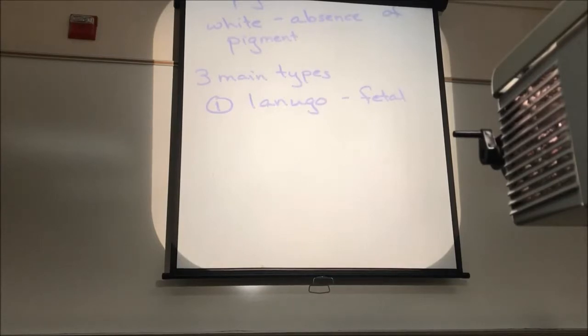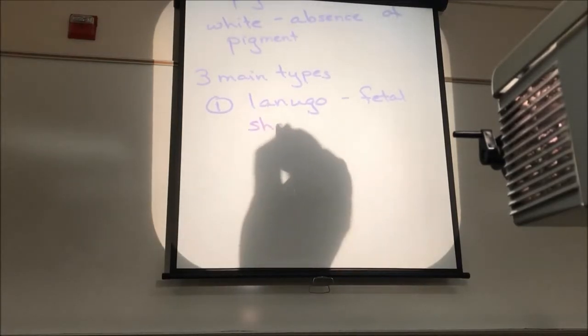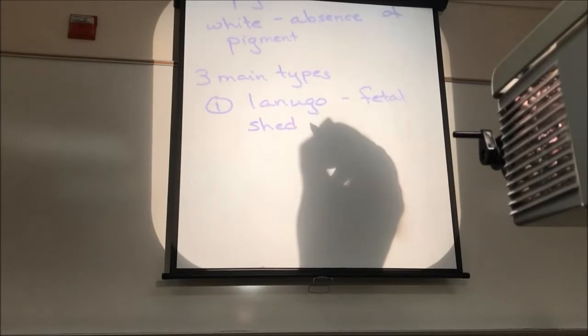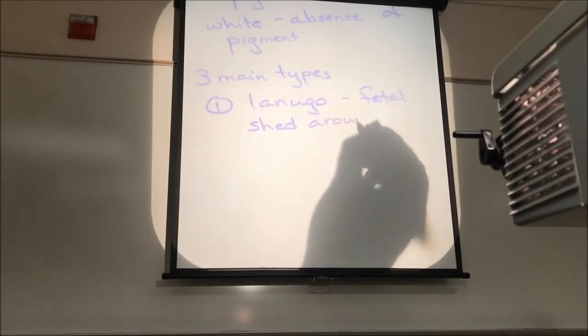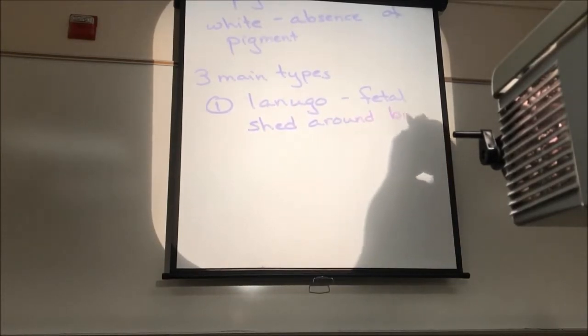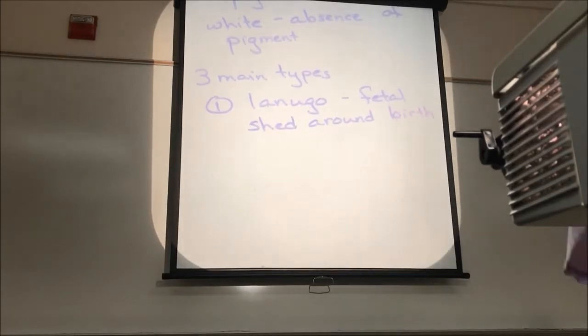And it can be just on their head, and it can be all over their body. Right? Typically, this stuff is shed just before or just after birth. The baby may be born with this hair, and the parents get all excited because they're like, oh, my baby is so smart, my baby is so evolved, my baby was born with a full head of hair, and then a month later they're bald as a cue ball.